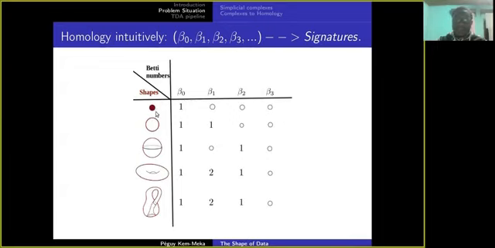For example, if my data is just a point, the Betti number 0 will be 1, the Betti number 1 will be 0, the Betti number 2 will be 0, the Betti number 3 will be 0, and all the rest of the Betti numbers will also be zeros. If my data is instead a torus, my Betti number 0 will be 1, my Betti number 1 will be 2, my Betti number 2 will be 1, and all the rest of the Betti numbers from 3 will be 0.